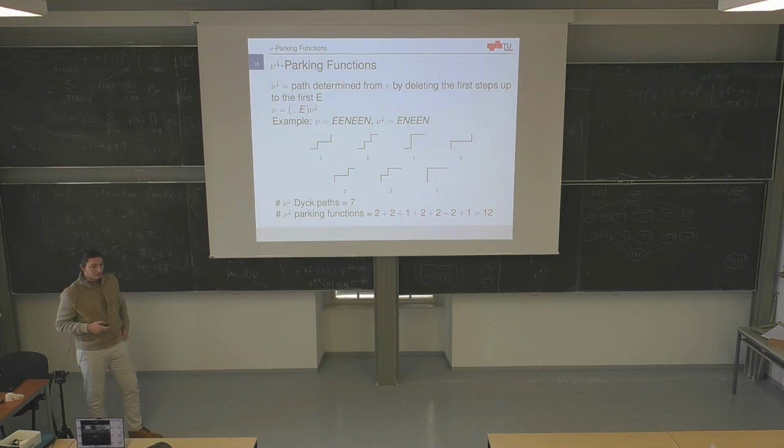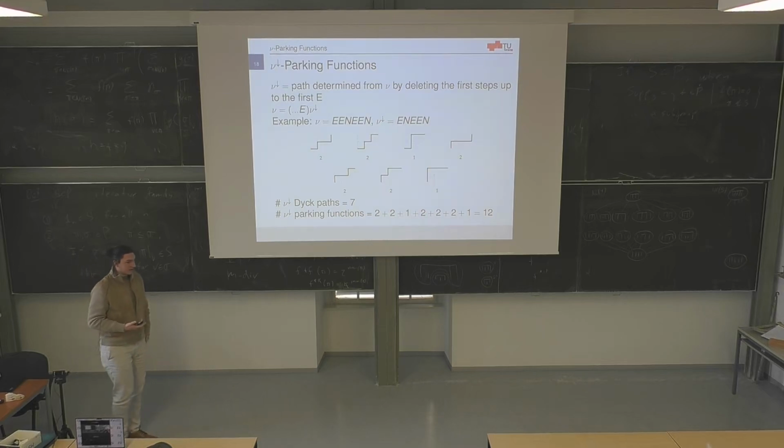Formally, for our counting, I will introduce ν-down, which is the path obtained from my original lattice path by deleting all letters of the lattice path up to the first east step. So in the example we have seen before, I'm deleting the first east step, and then I'm defining ν-down as the rest of my lattice path.